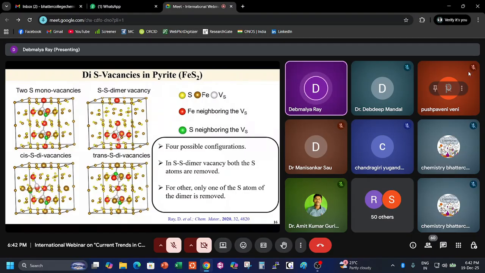However, in this case, the electron has to go to the iron center and start reducing the iron atoms because there is no neighboring sulfur atom present. And that might push the electron to the eg states of the iron and basically move the Fermi energy closer to the conduction band.